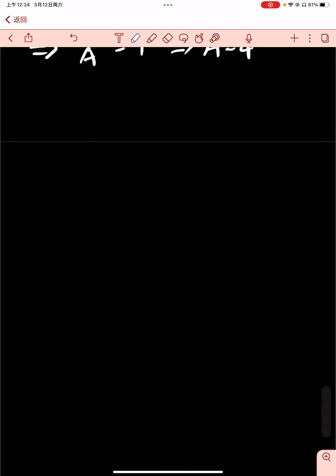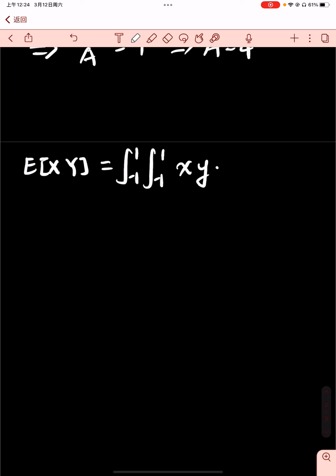And for the second part, find the expected value of xy, which is xy times the density function over the defined range, from -1 to 1 for both x and y, times (1 plus xy) over 4.